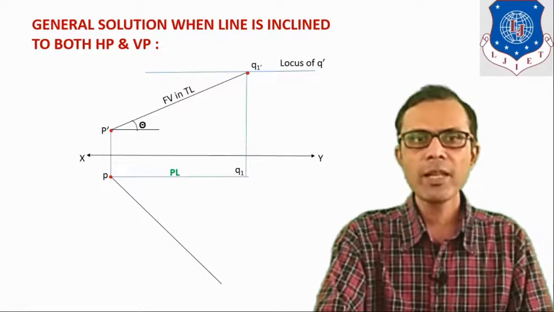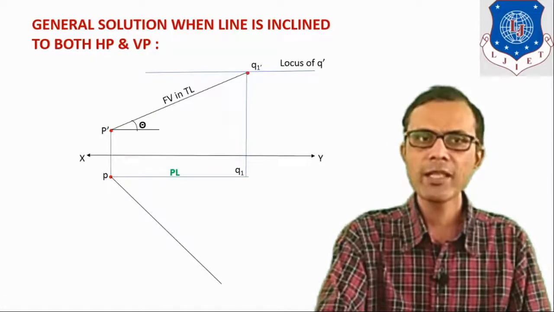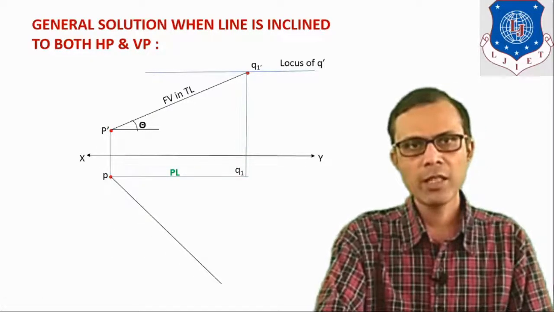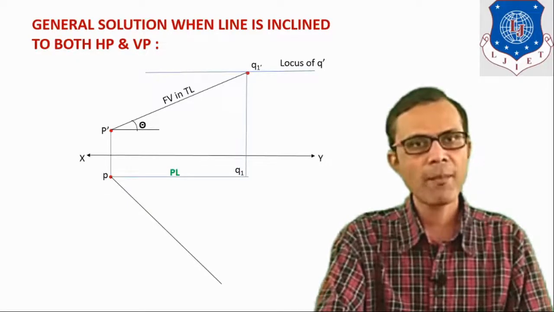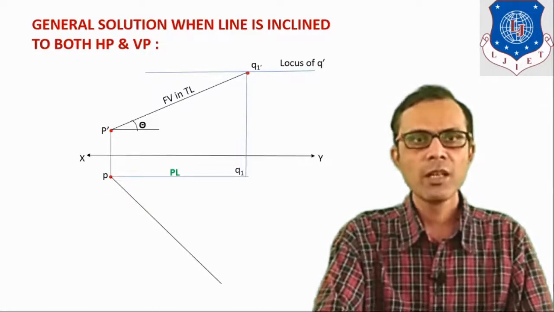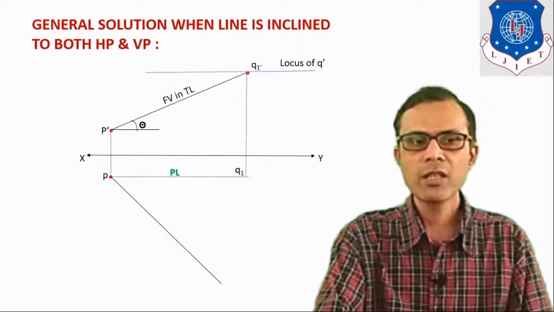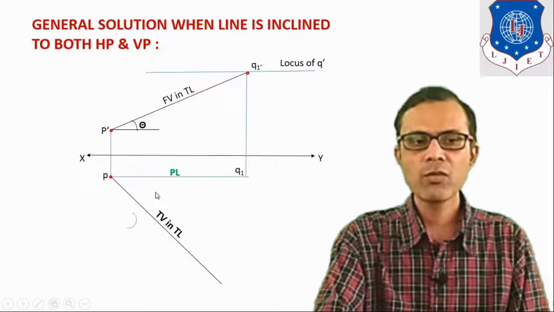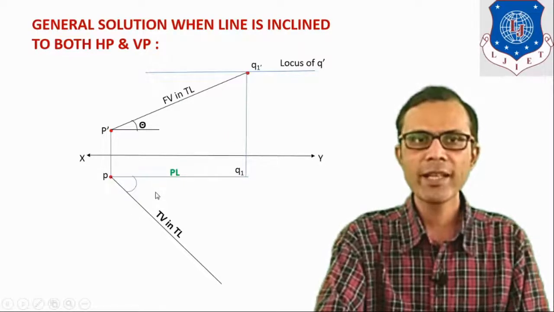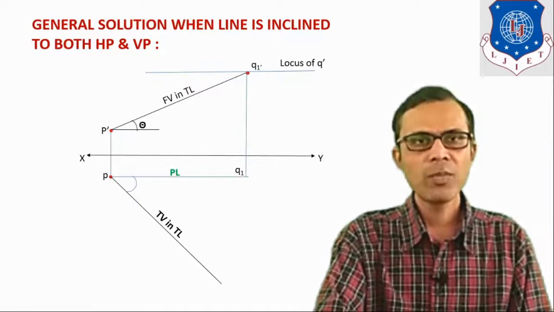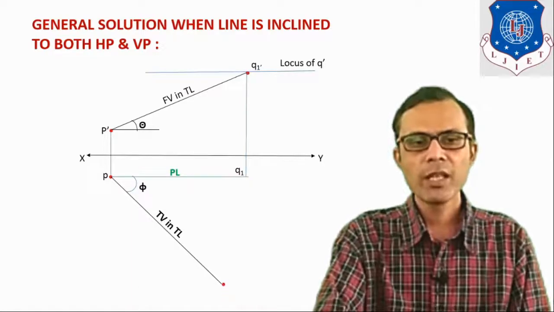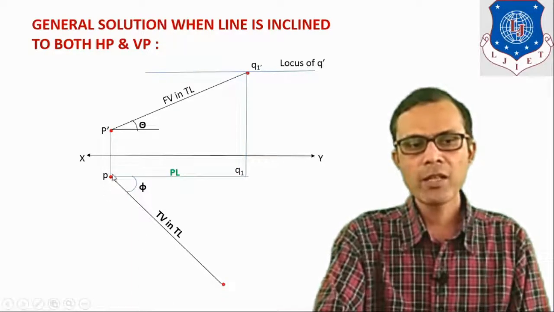But now we will apply the second condition also, that the line is inclined to VP. The inclination angle for VP is applied to the top view, as we have seen in the earlier example where we discussed it individually. So here from point P, we take the inclination angle phi, that is the inclination angle of the given line with VP, and it will be applied with true length.